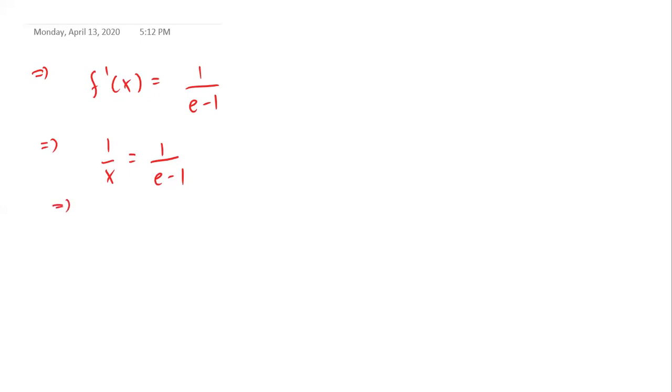So multiply both sides by x. I'm going to do it step by step. So I have 1 equals 1 over e minus 1 times x, and divide both sides by that. Right, so divide both sides by e minus 1 over 1. So we get e minus 1 over 1 equals x.